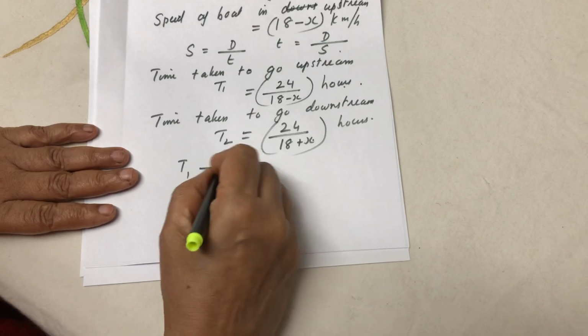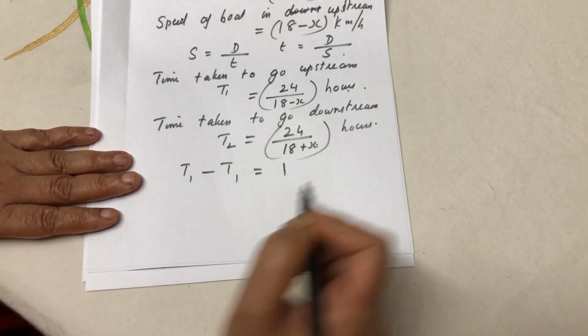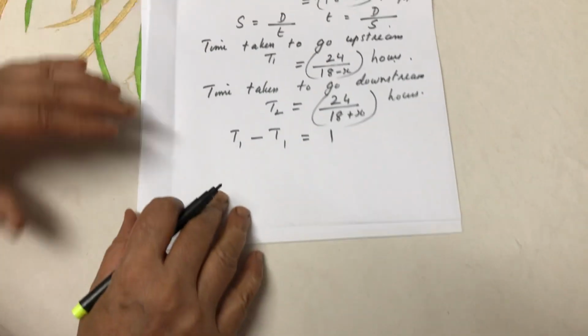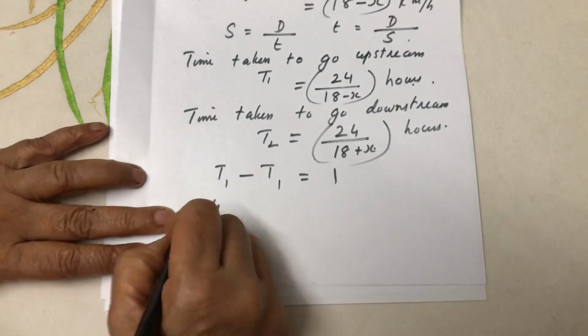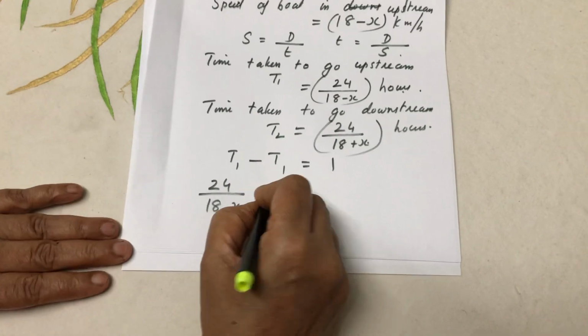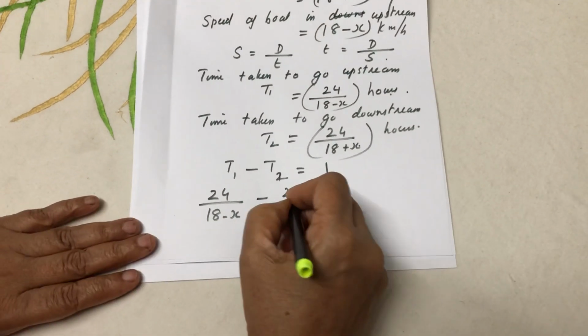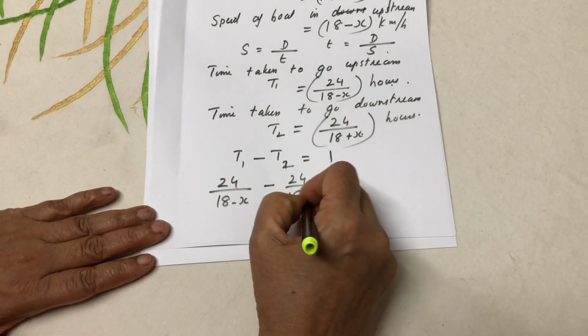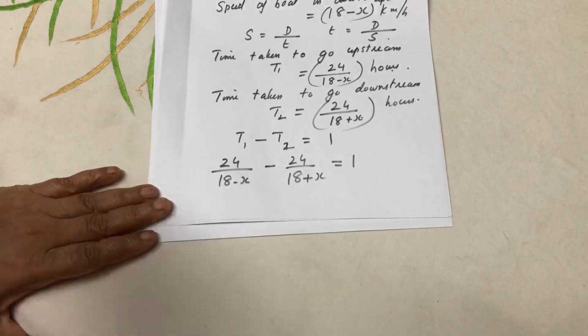So t1 minus t2, the difference in time, is given as 1 hour. Therefore you can write 24 by 18 minus x minus 24 by 18 plus x equal to 1.